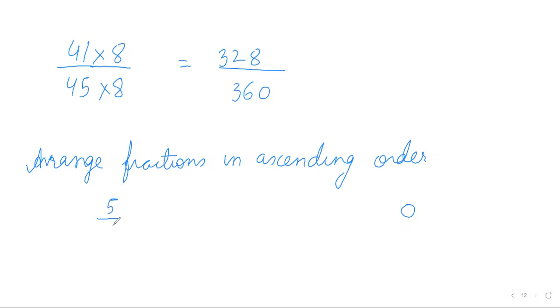So 5 by 6, 11 by 16 and 13 upon 18. Do you have ideas for how to attempt this type of question? Yes, ma'am. We will again take out the LCM. You are correct. Please try, else I will help you.